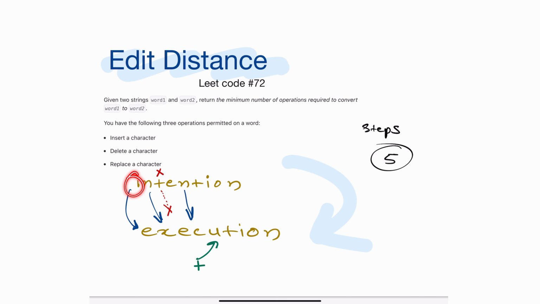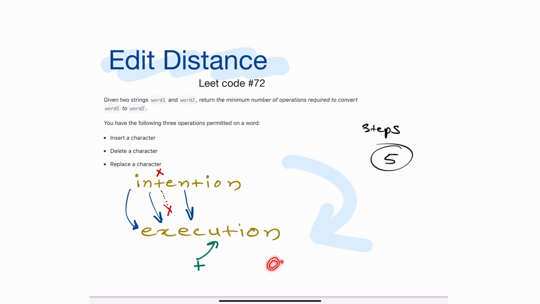That means for each character there are 3 choices. This choice is applicable for every character, so for each and every character you perform 3 operations and check whether it converts this text into that text. That's why we are not going with brute force.